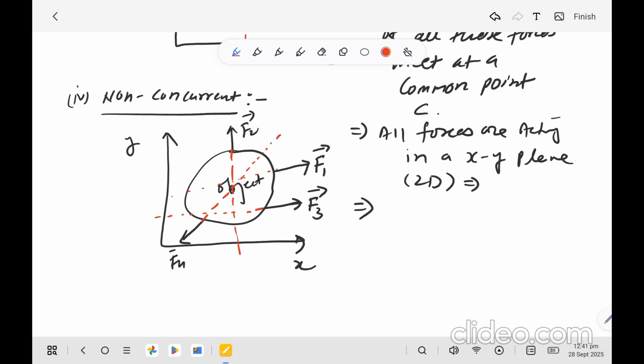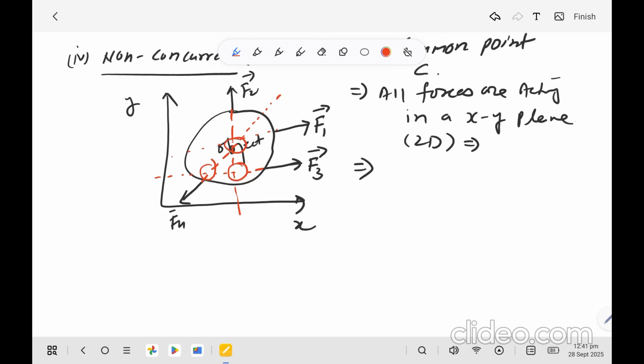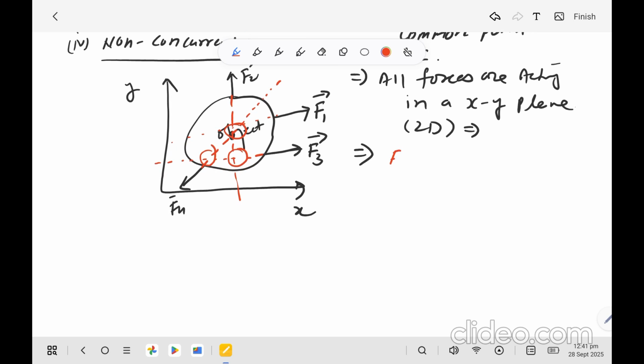Now you can see here the points of intersection for the different forces. So F1, F2, F3 and F4 are all coplanar forces, but the lines of action of these forces do not meet at a common point.